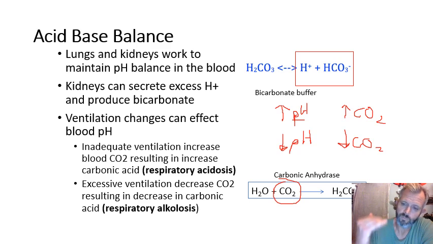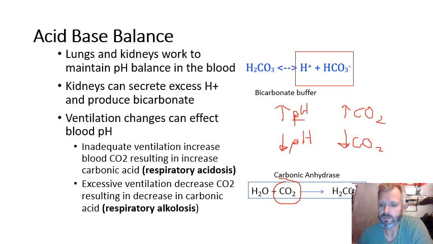Okay, we're going to see the lungs and the kidneys are going to be able to work in relation. We're going to look at the kidneys again in urinary, but these two, lungs and the kidneys, help regulate pH balance in the blood. Okay, ventilation changes can affect pH. If I have inadequate ventilation, if I'm not able to expel as much CO2, there are diseases in which I can't expel as much, or say somebody was choking me out, I could get respiratory acidosis.